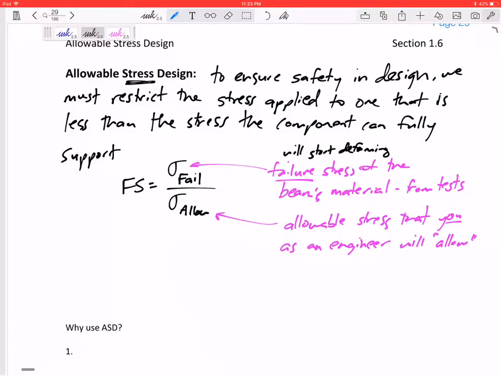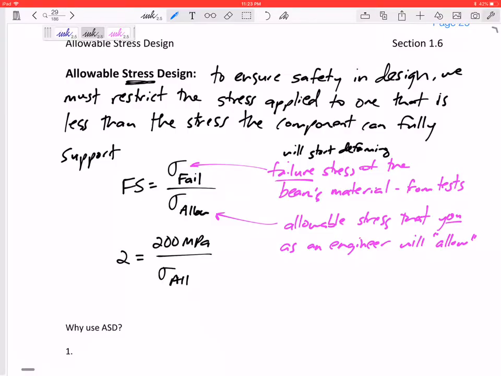All right. So for instance, maybe we'll have a factor of safety of 2, and if we know the material can withstand 200 MPa, what are you going to allow? This equation shows it, but most of the time this is just going to be logical.